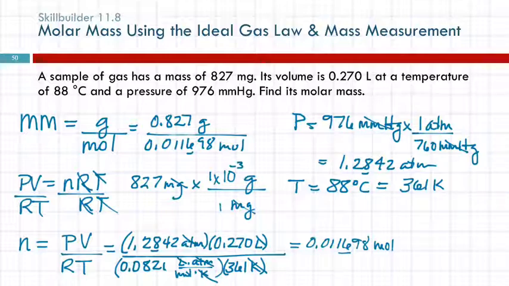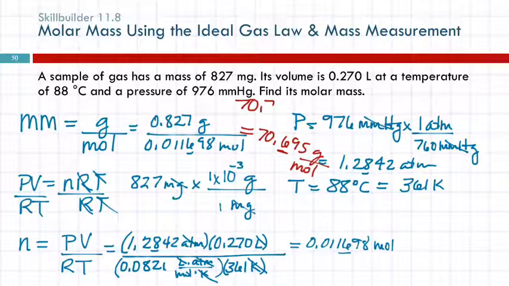I'll put this in a different color because otherwise it's going to be completely lost in my mess. Three sig figs, so would be right there. So my final answer, there's nowhere to put that, 70.7 grams per mole.